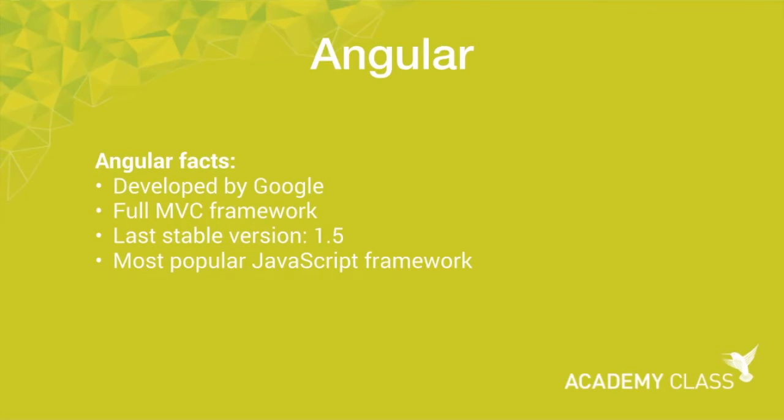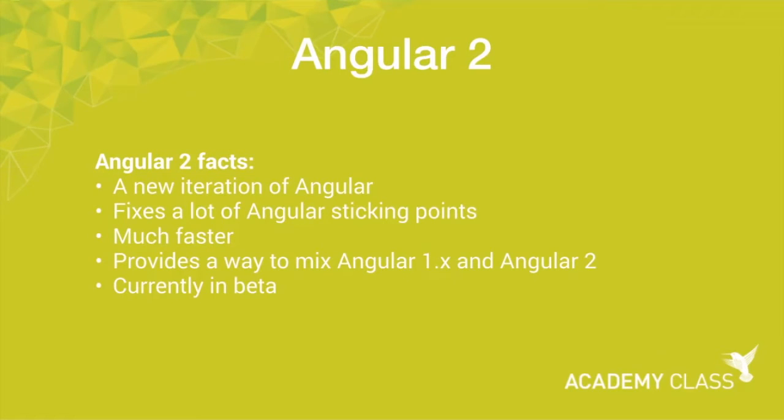That means it has the architecture of model, view, and controller, and the latest stable version is 1.5. Probably some of you know that currently Angular 2 is in beta. It is the newest iteration of Angular. It fixes lots of Angular sticking points, since Angular was developed quite some time ago, as you've seen, in 2009.